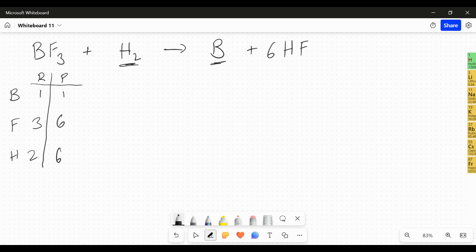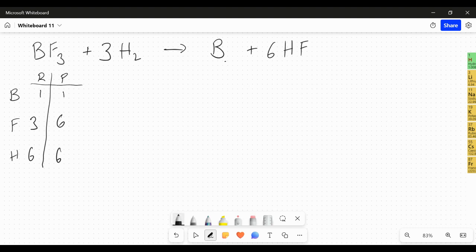Now we can balance hydrogen because 2 does go into 6 evenly. Let's put a 3 right here. Clean up what I did before. I now have 6 hydrogens. My fluorine's no longer balanced because of what I did before. So let's fix that.